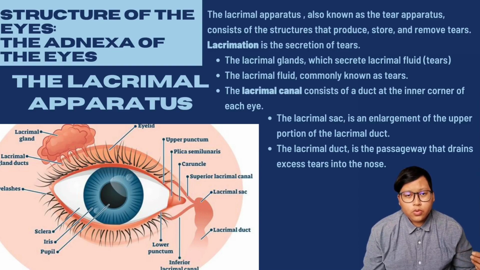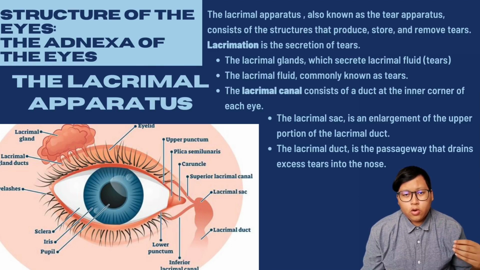Blinking distributes the lacrimal fluid across the eye. The lacrimal canal consists of a duct at the inner corner of each eye, and this duct collects tears and empties them into the lacrimal sacs.